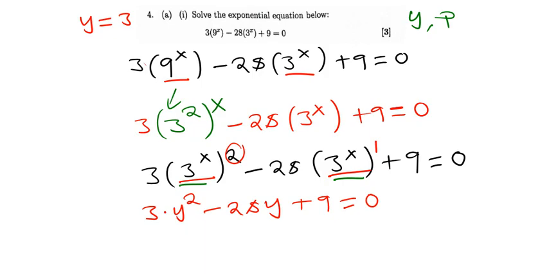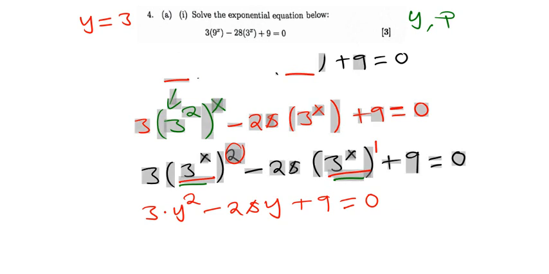Now at this point what you see is we have ended up with a quadratic function, which I know at this point is actually very easy for most of you to handle.